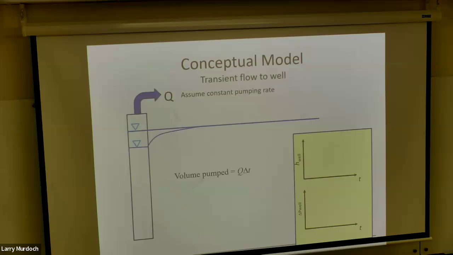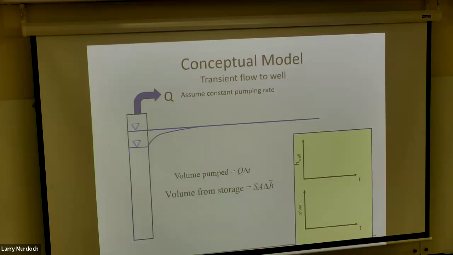So we're pumping at a constant rate, and we've gone a unit of time. In that unit of time, we've pumped out a certain volume. So we have a bucket here, we go for 10 minutes and fill up the bucket. So we have that volume. That volume was stored in the aquifer, and now it's out. We've removed that water from storage.